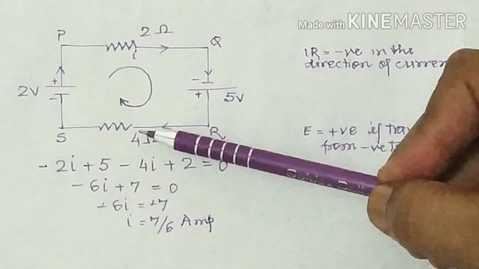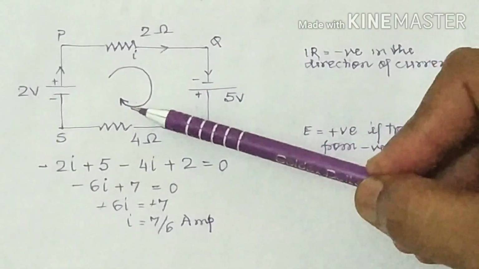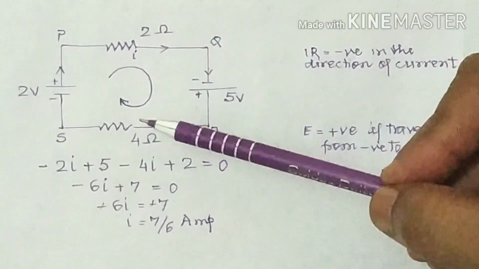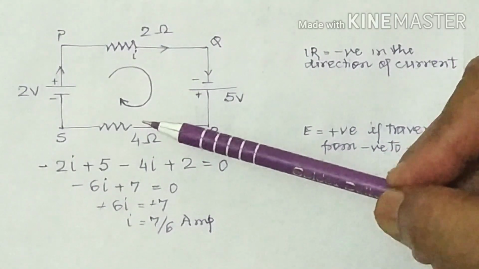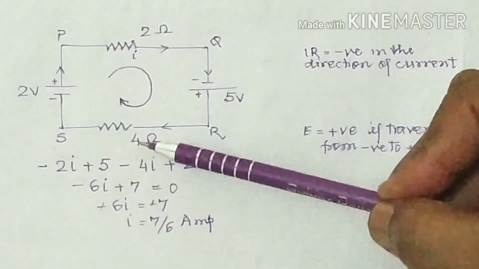Now at this element, the direction of current and your direction are the same, so the potential across the resistance will be taken as negative. So minus 4I.